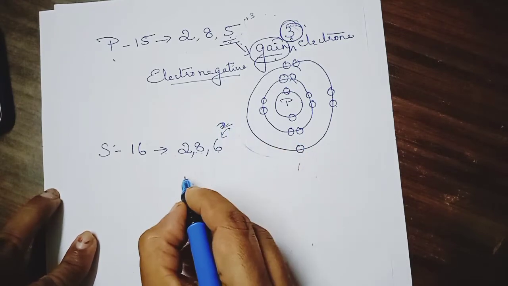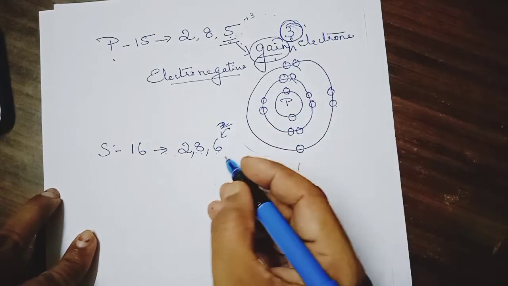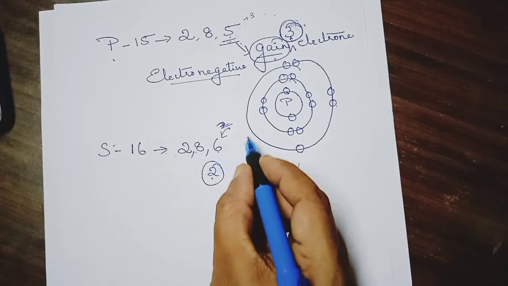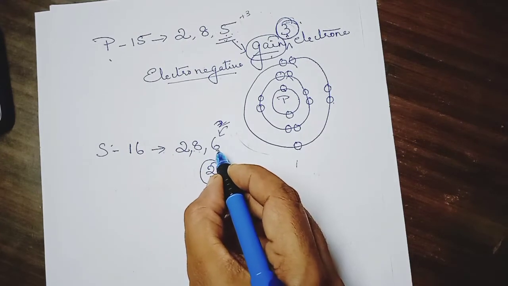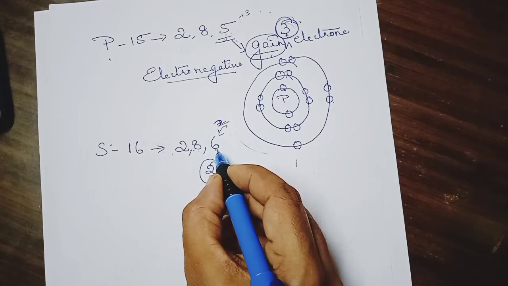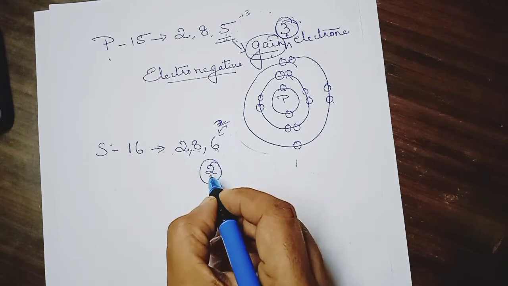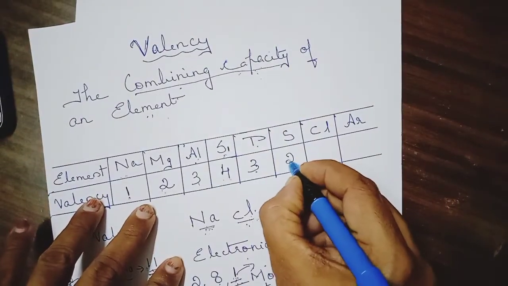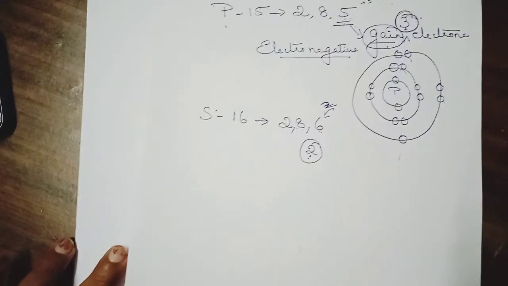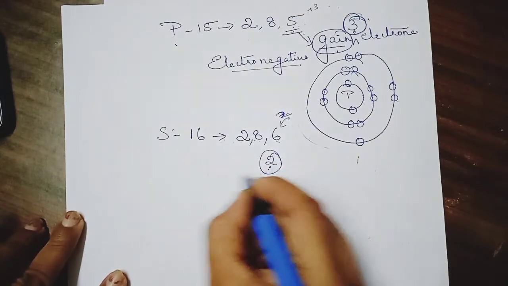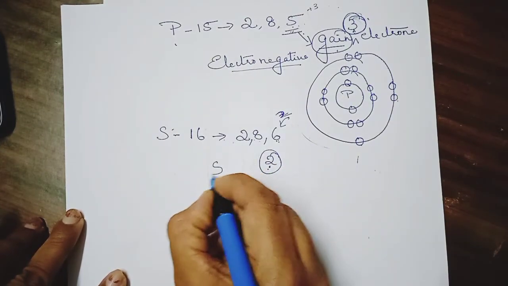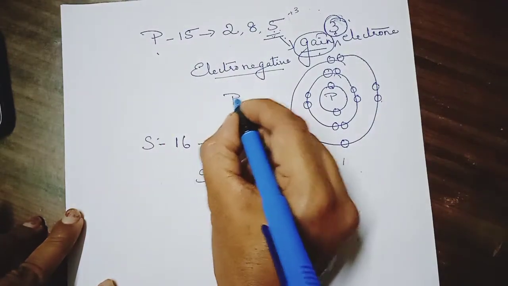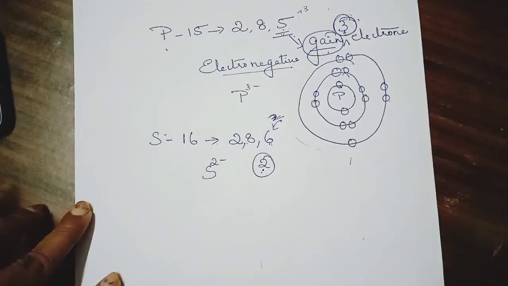So again it is electronegative since it is gaining, and the valency will be 2. Why? Because here we need 2 more electrons to get 8 electrons or attain octet. So the valency of sulfur will be 2. Again this is electronegative. So that's why we write S 2 minus. In case of phosphorus we write 3 minus, that is trivalent.